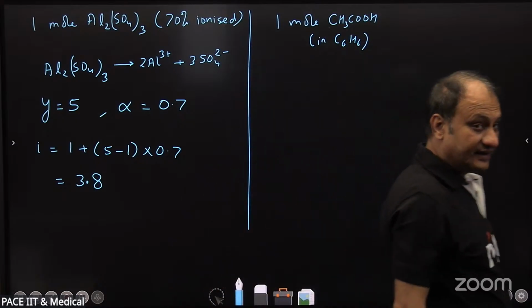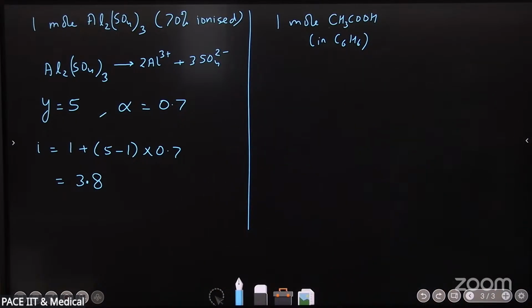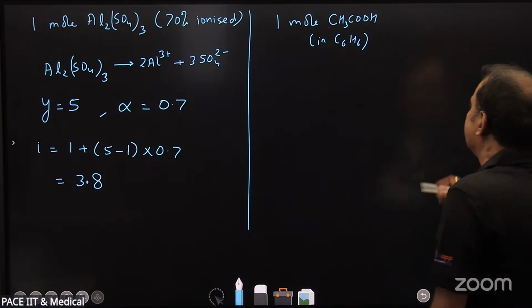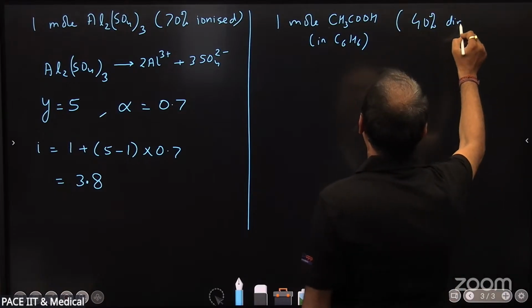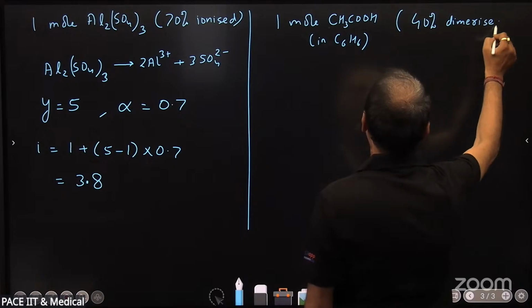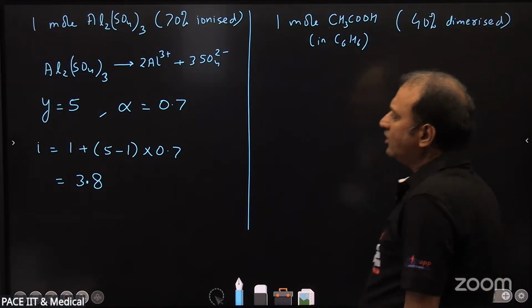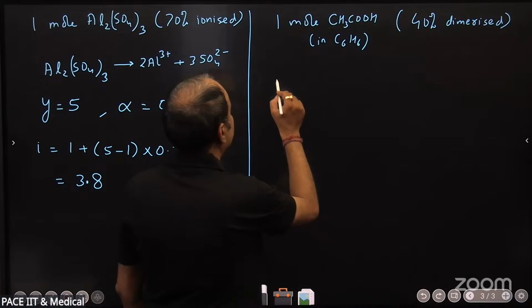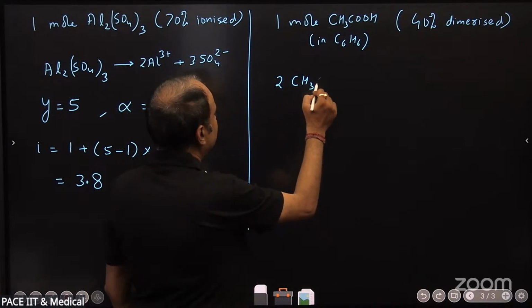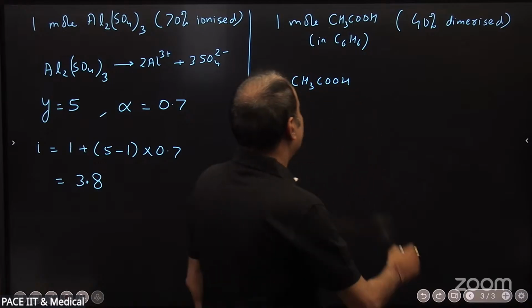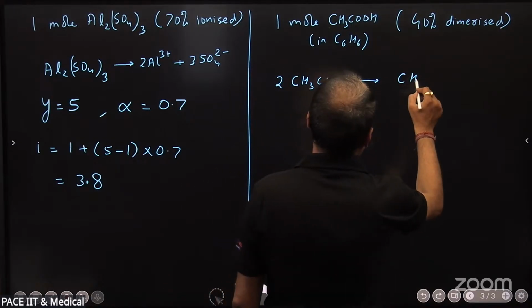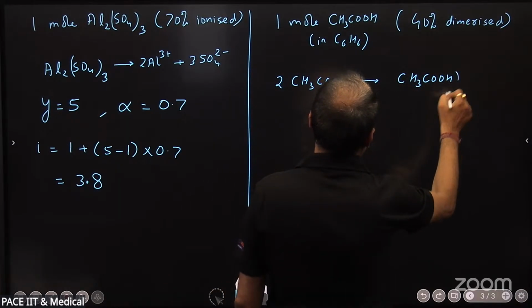In benzene, acetic acid undergoes a dimerization reaction. So 1 mole acetic acid, let's say 40% dimerize. So here how we will write the reaction. Dimerize means 2 molecules of CH3COOH are combining together to make a dimer.